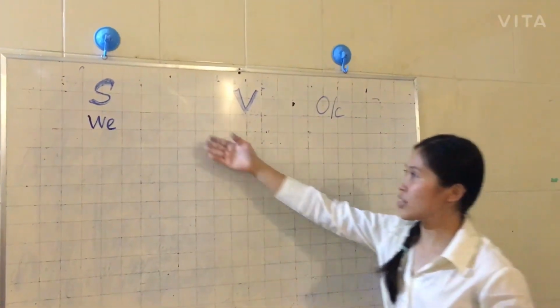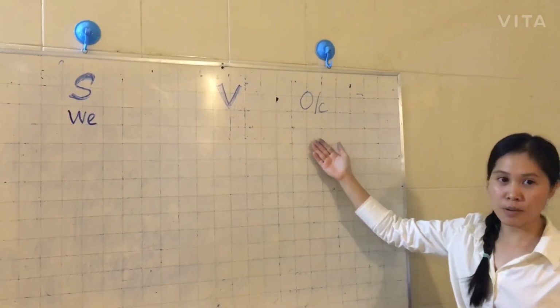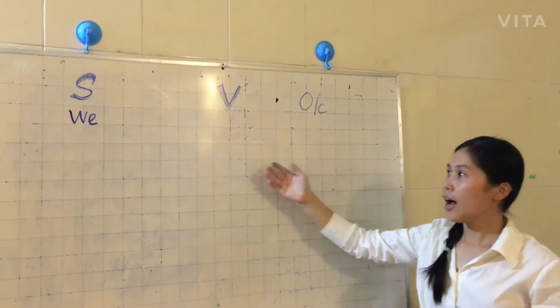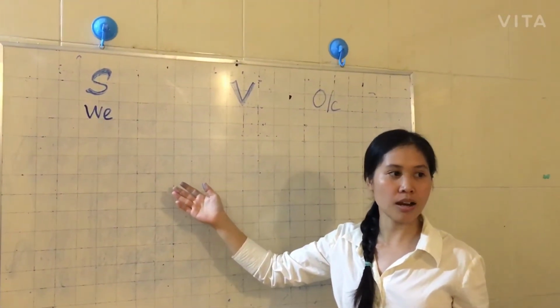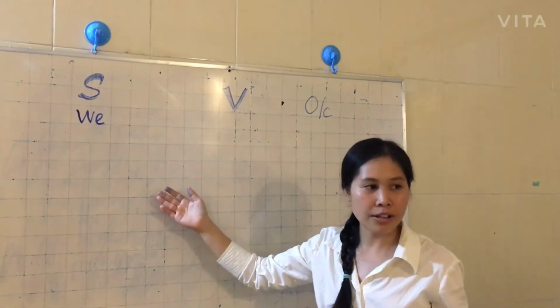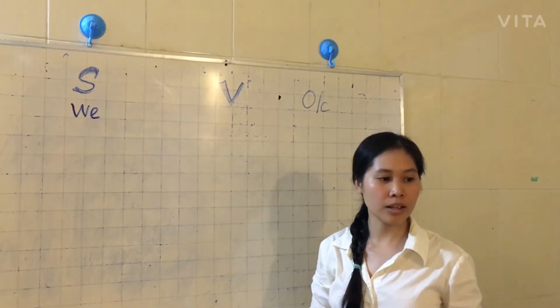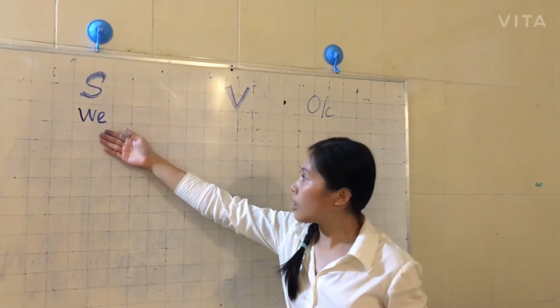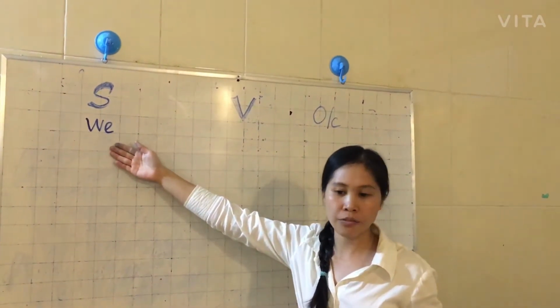So we have the structure here. First we have subject, verb, and object or complement. Subject: in the reading today we will talk about a couple, a husband and a wife. So the first person is we, because I have two people, we have we.